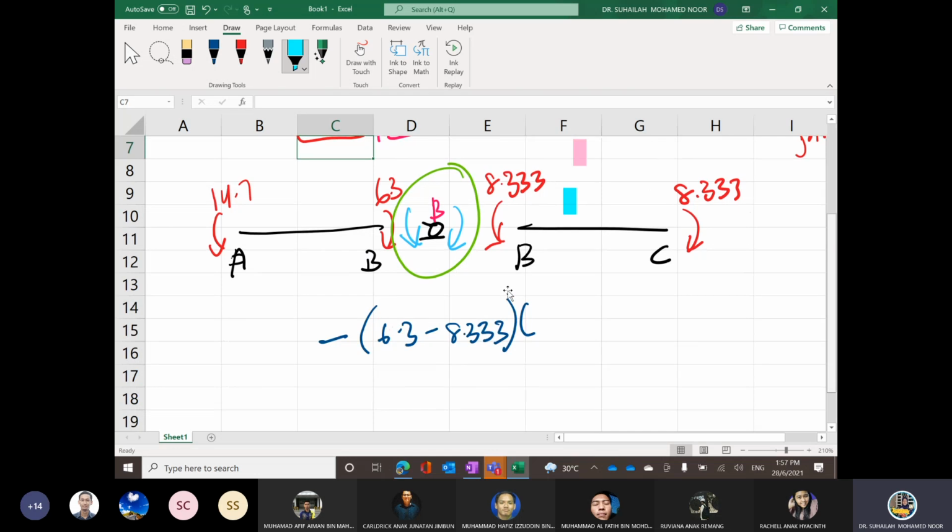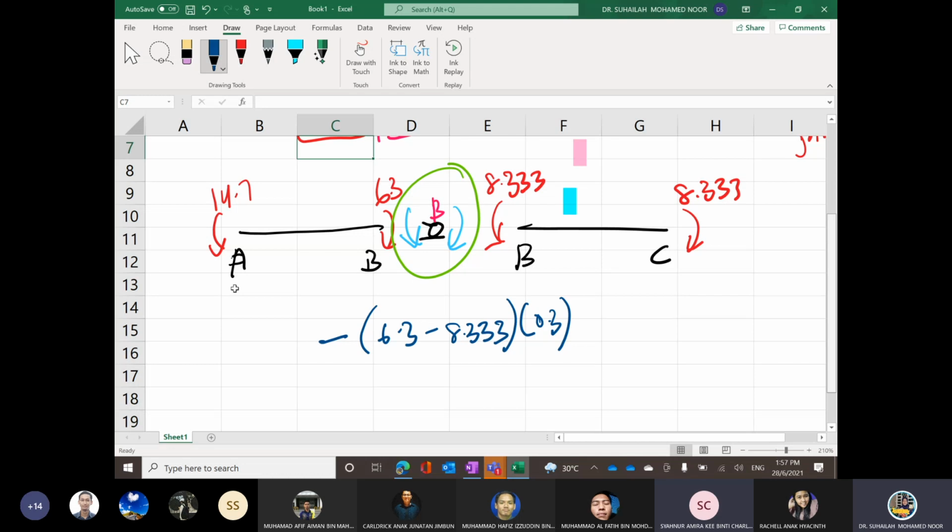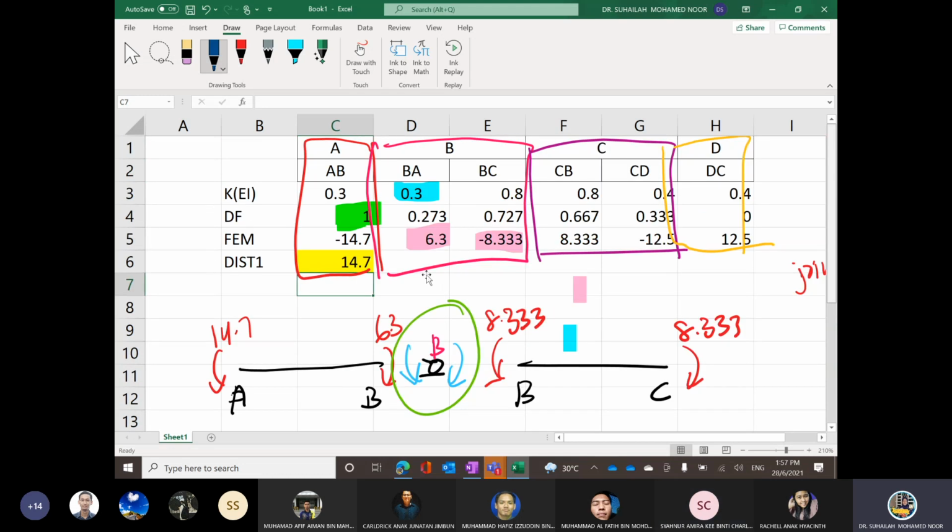So here is actually 0.3. Madam, okay, yeah. Isn't that K? Oh, screen. 0.3. Okay, 0.3, yeah, 0.3. Okay, the process in the table is like this.